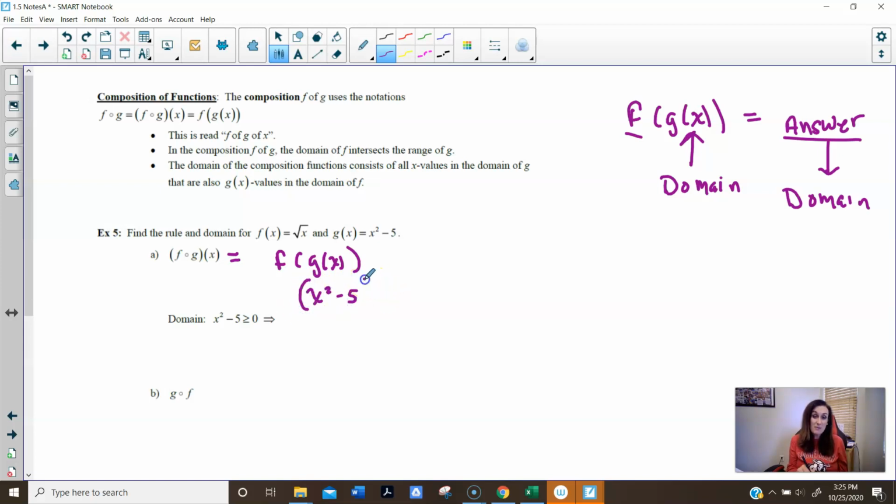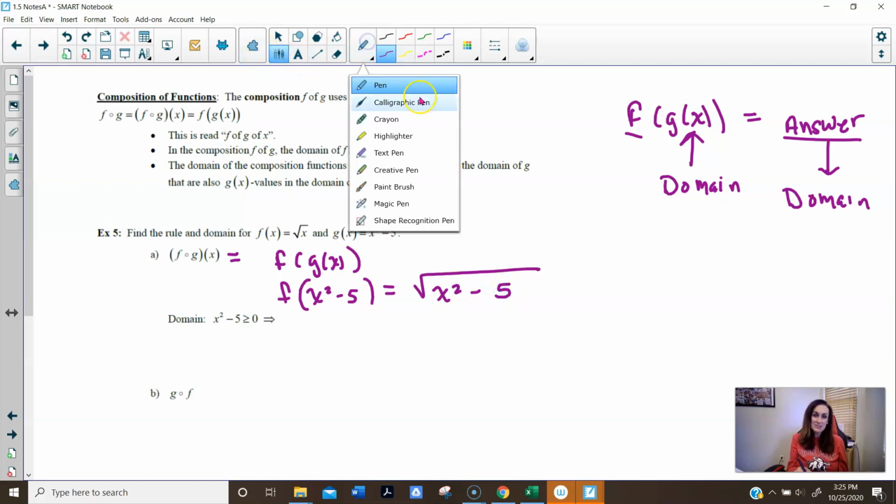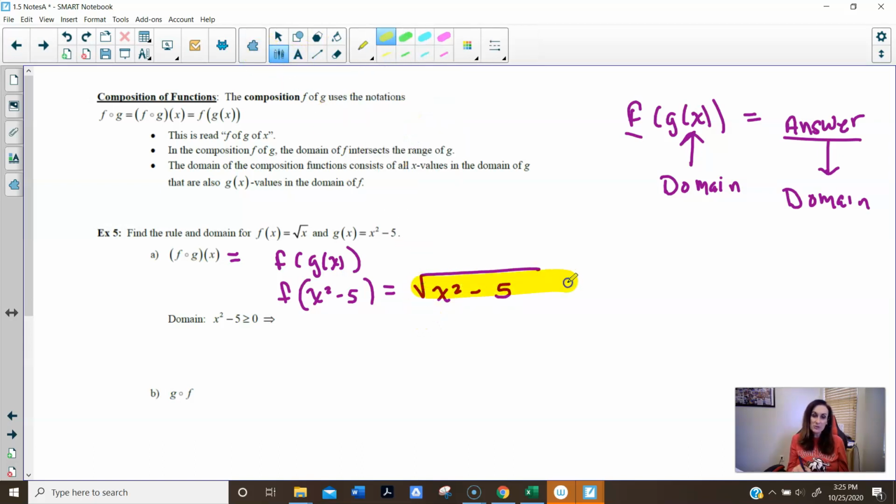That's the new domain of function f. So we plug that into function f, and we get the square root of x squared subtract 5. Now that wasn't too bad, but now what we're going to do is figure out what in the world is the domain of this answer.